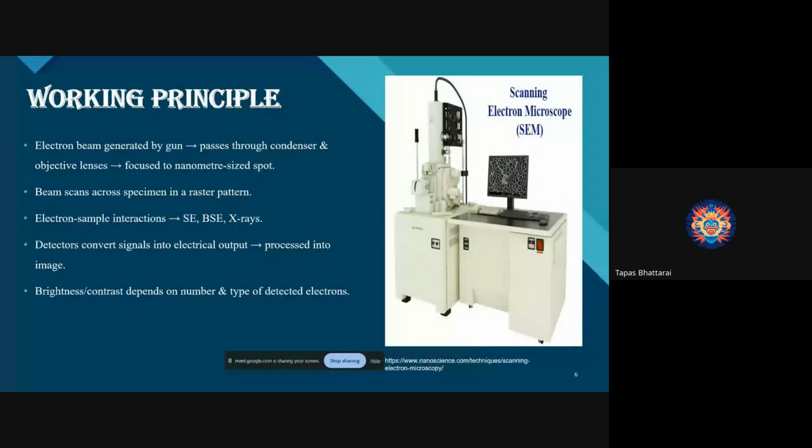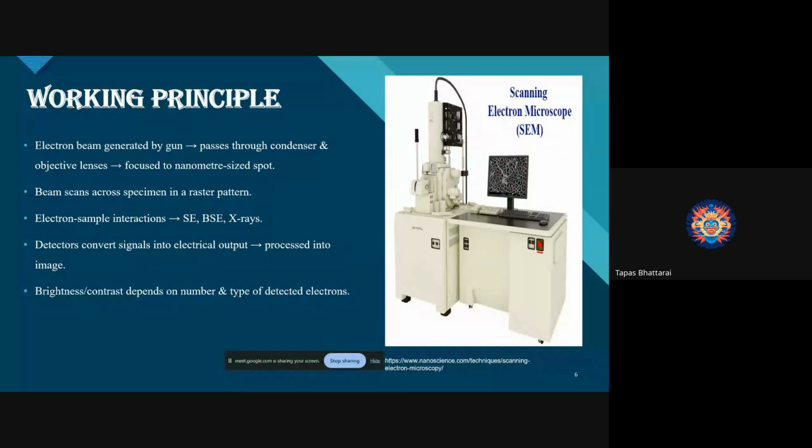So the working of SEM would be: the electron beam is generated by the electron gun, and it passes through the condenser and objective lenses that focus it into a tiny nanometer size spot, and the beam then scans across the specimen surface in a raster pattern, that is line by line.